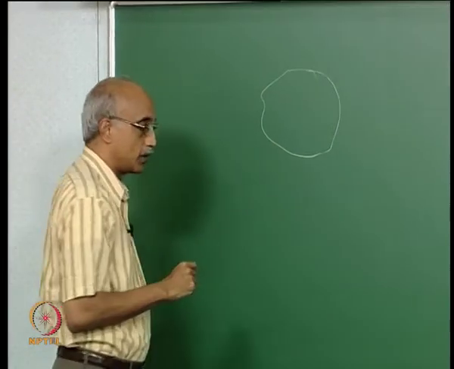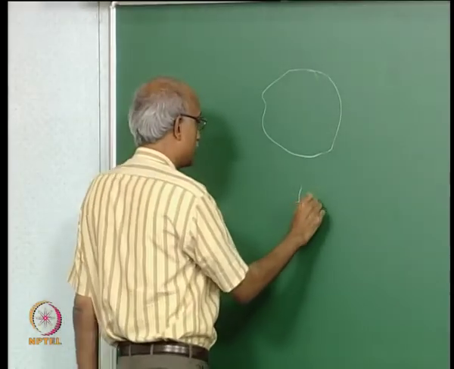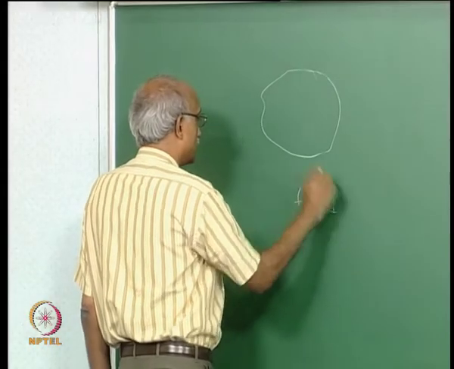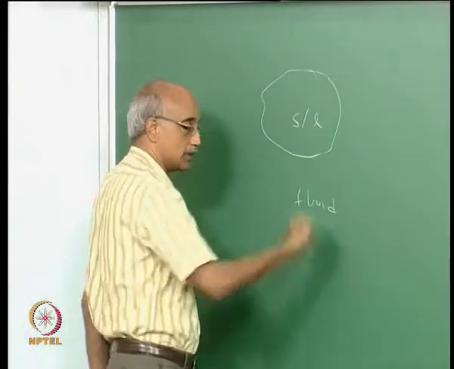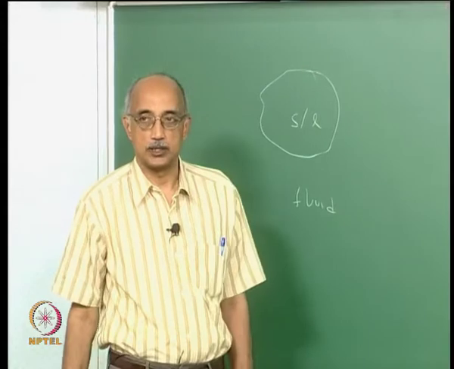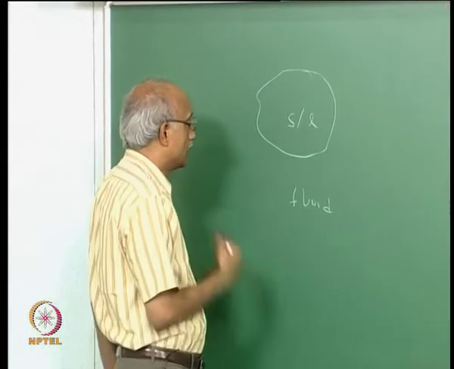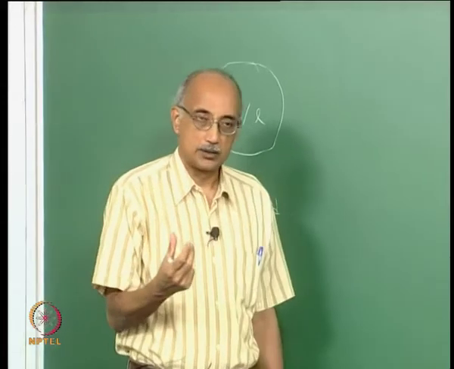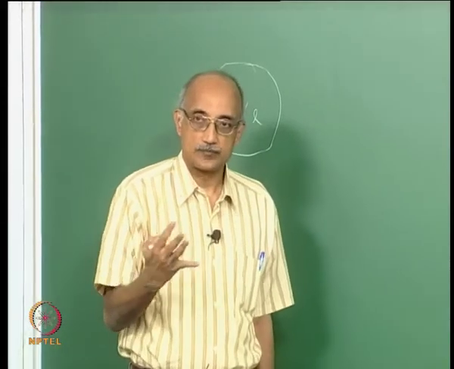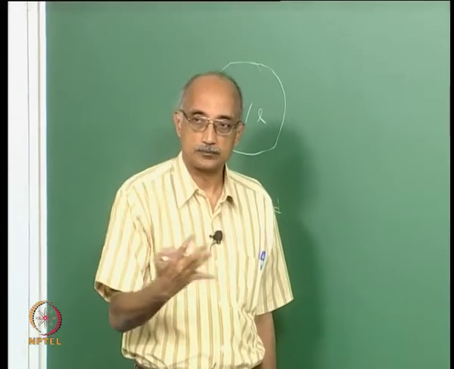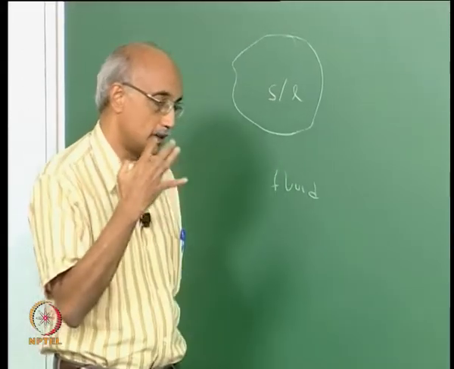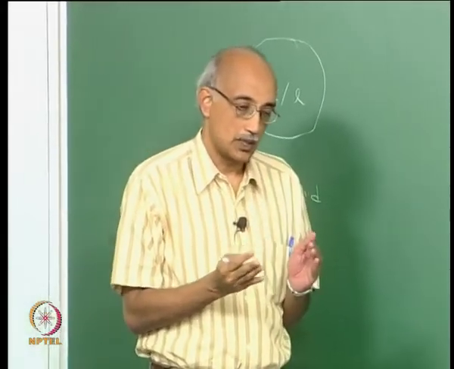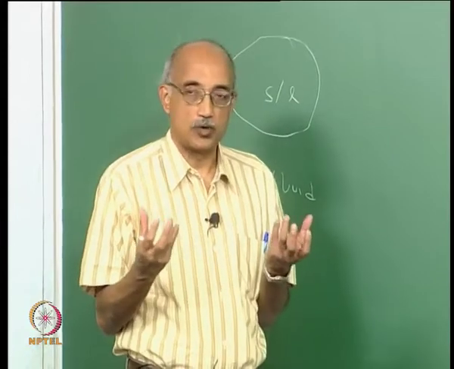So, if this is a particle that is suspended in a fluid, and let us say this could be a solid particle or it could be a liquid droplet, the part of the surface or part of the particle that is visible to us is the exterior boundary, and that is the interface between essentially two bulk forms of matter.